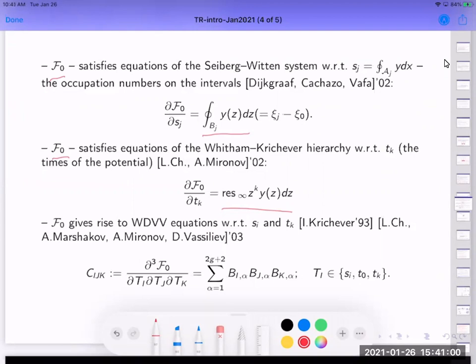Also there was a nice story about third derivatives of this potential, because they give rise to WDVV systems, or associativity equations, again based on these canonical variables.